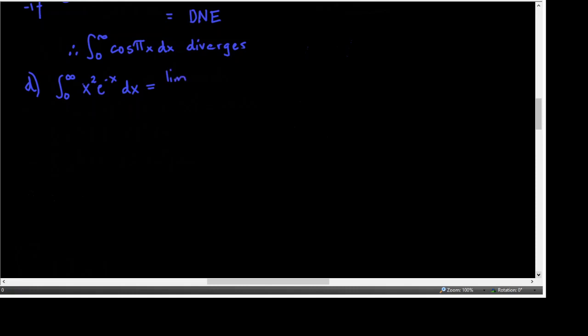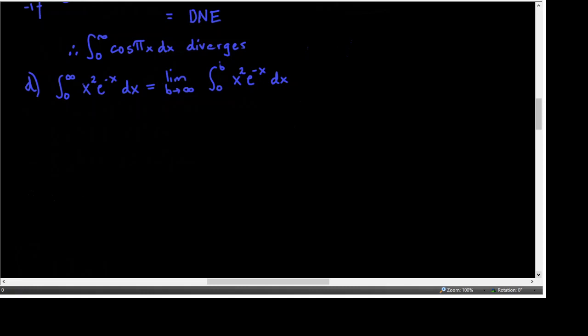By the way, x squared and e to the negative x will never have you divide by 0 or anything weird like that, so no internal discontinuities to worry about. So the only issue here is that we have an infinite bound. So I'm going to replace that infinity upper bound with b and take the limit as b approaches infinity of that now definite integral from 0 to b.